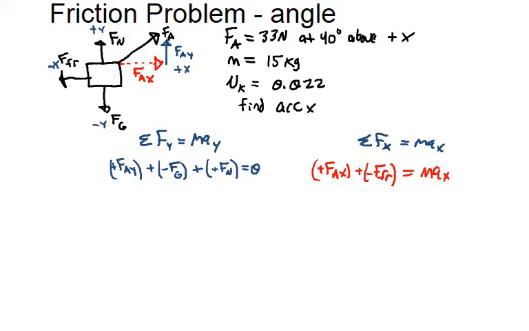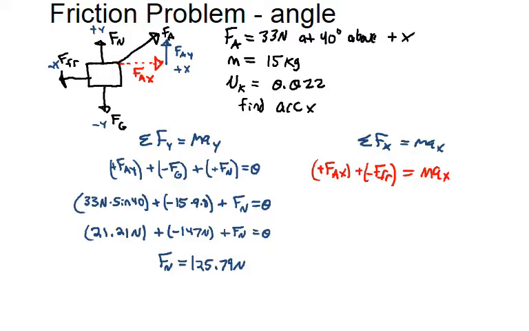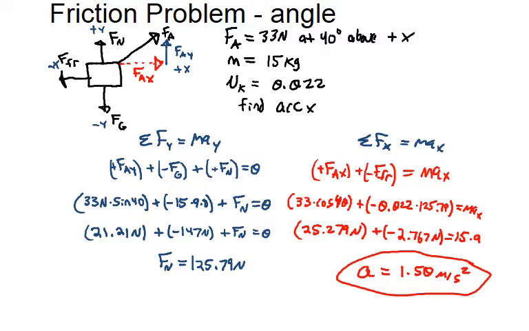That's the sum of the forces in the x, or the net force in the x, equals ma in the x. For the normal force, we should get 125.79, and we're going to use that for our friction value, which is right here, the normal force times the coefficient. We have the force applied in the x, 33 times cosine of 40, and we should get an acceleration of 1.5 meters per second squared.